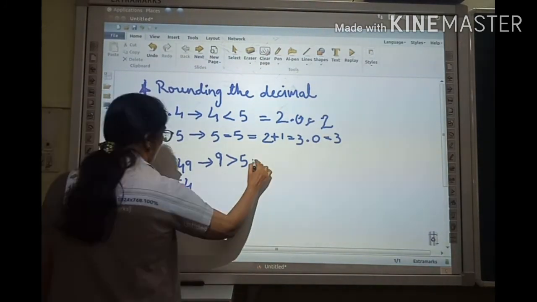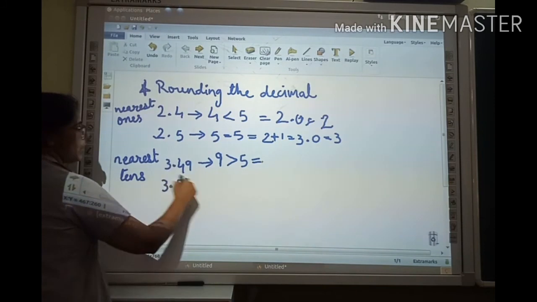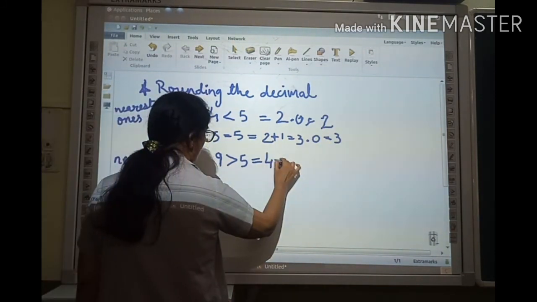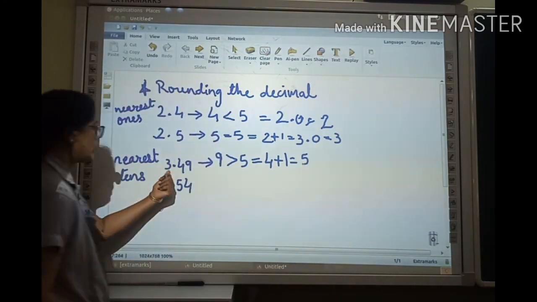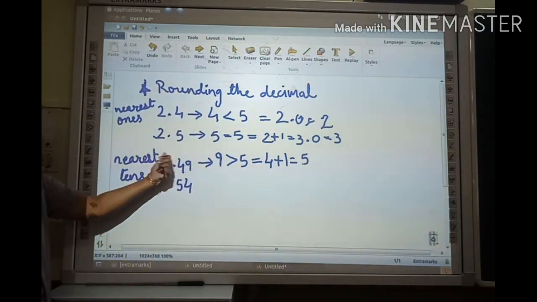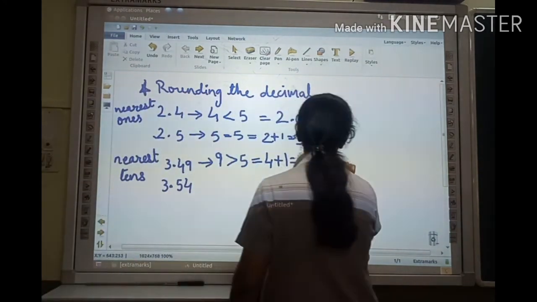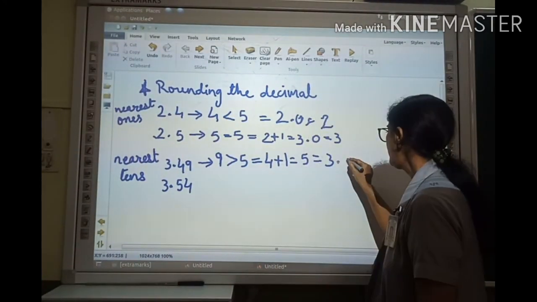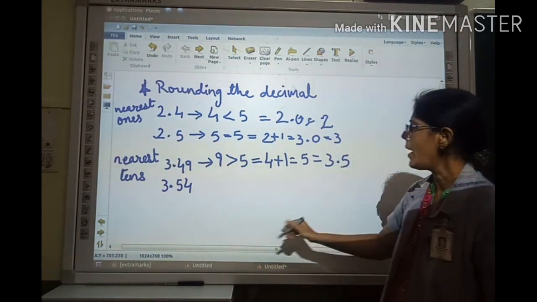Yes. So we have to add 1 to the number just before it, that means we have to add 1 to 4. So what do we get here? 5. But here we have the number before the decimal also. So what will be our answer? 3.5. Understand, children? Our answer is 3.5.